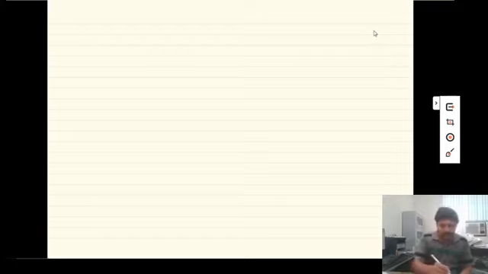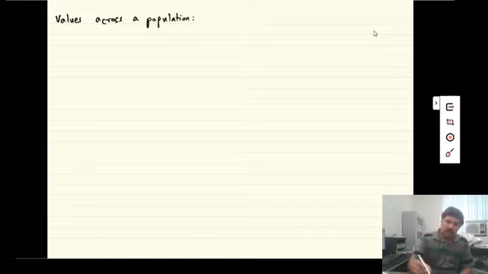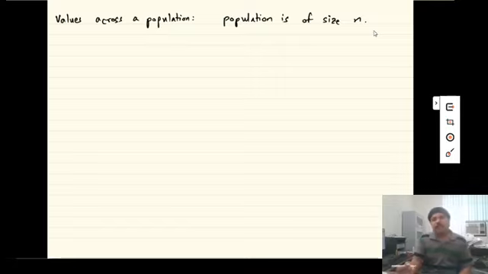Another is certain values across a population. For example, the population is of size n. Then you will get an n-vector. And what will this n-vector have?